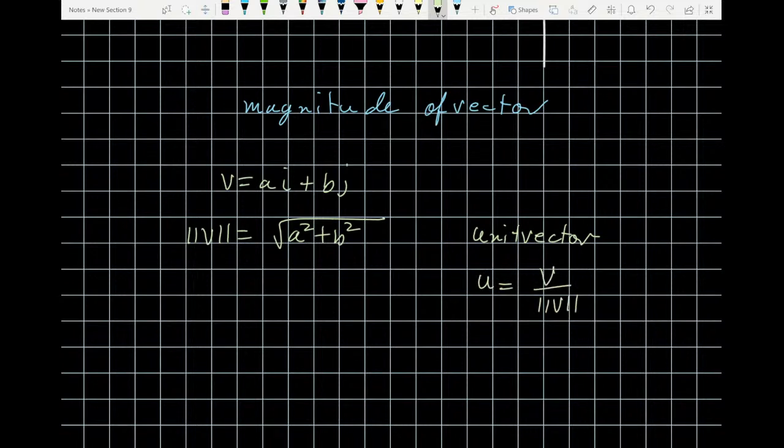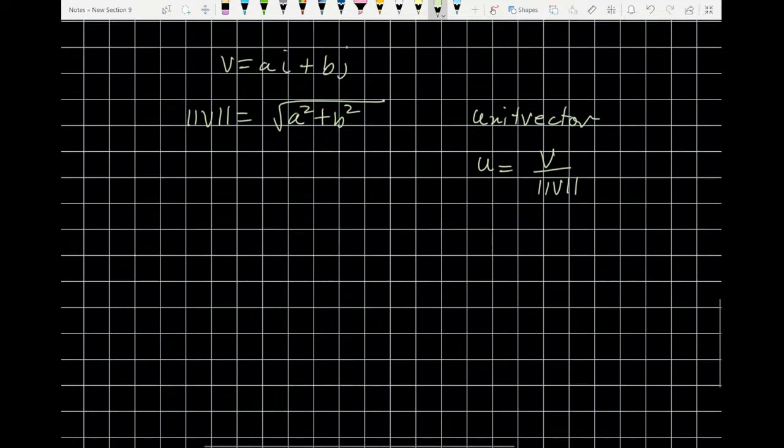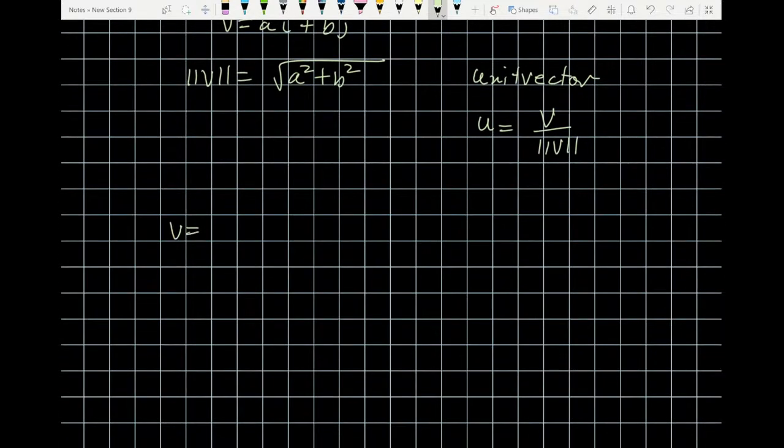So let's look at a problem. If v is 2i plus 3j, what would be the magnitude? 2 squared plus 3 squared. We keep the answer in exact form. 4 plus 9, which is square root of 13.